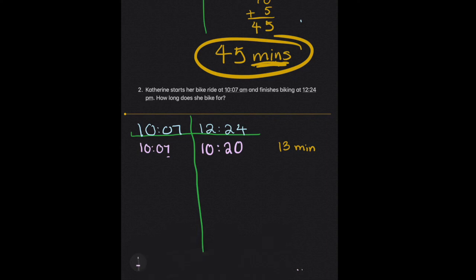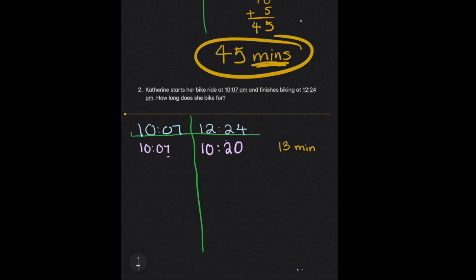If we look at our end time, our end time is also in the 20s and says 12:24. So something that would be really useful is maybe counting up by another hour so that we're not counting up by individual minutes, because that may take a long time to get to our end point.